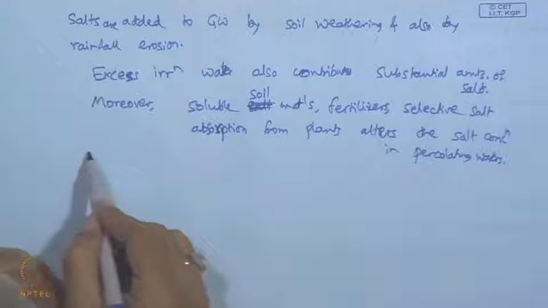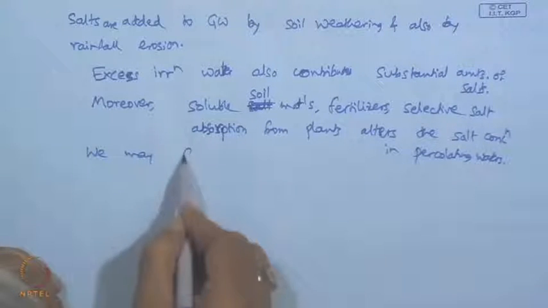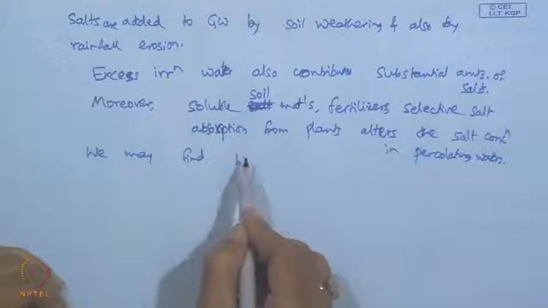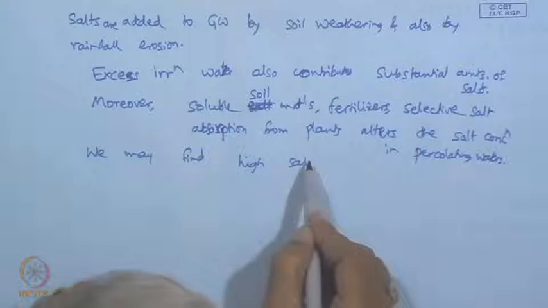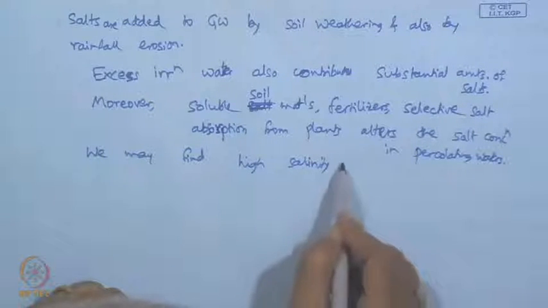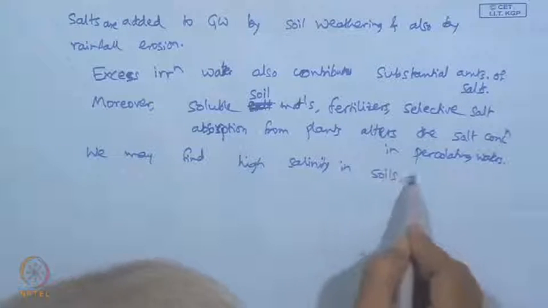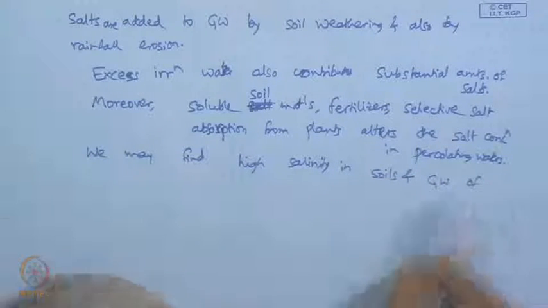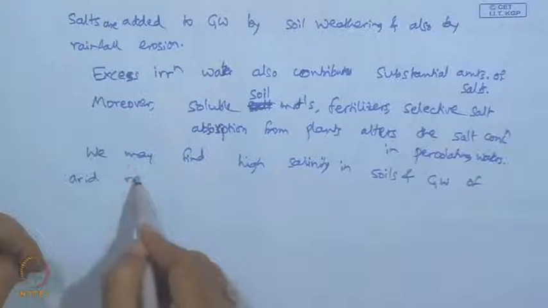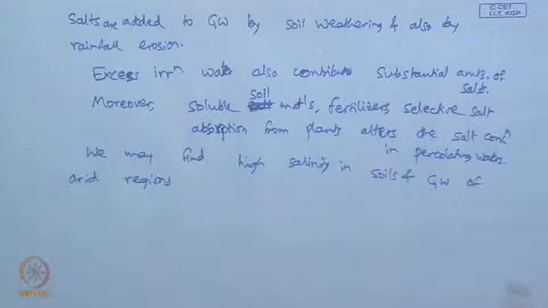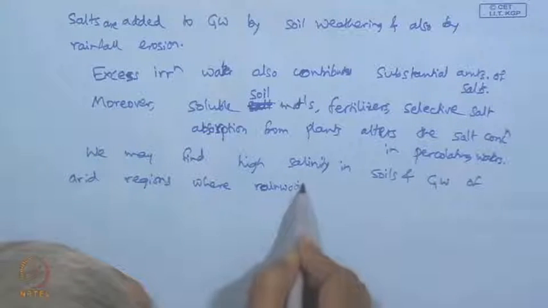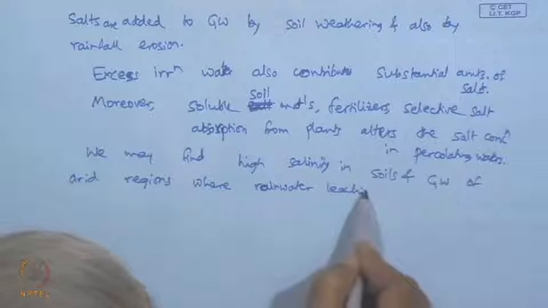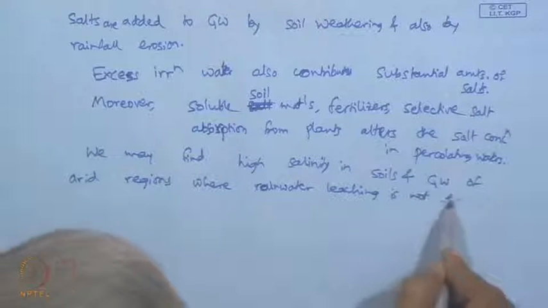So, we may find high salinity in soils and groundwater of arid regions where rainwater leaching is not effective.